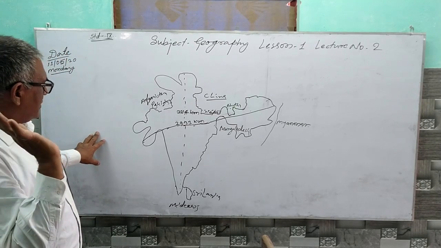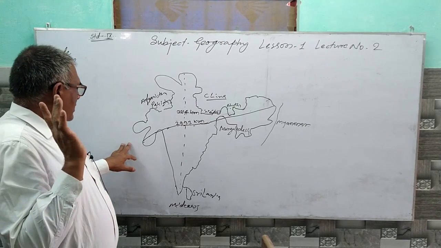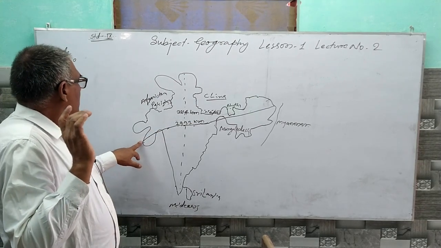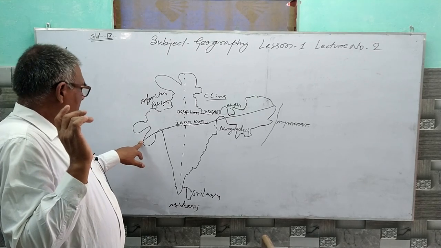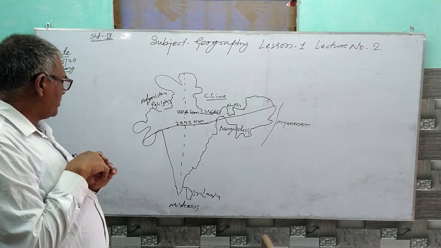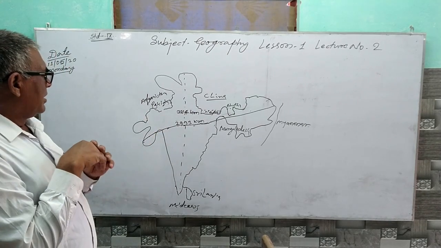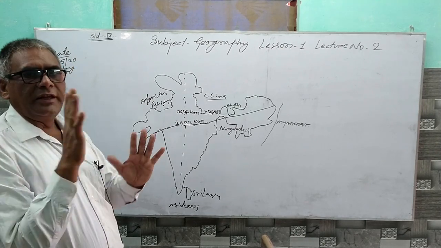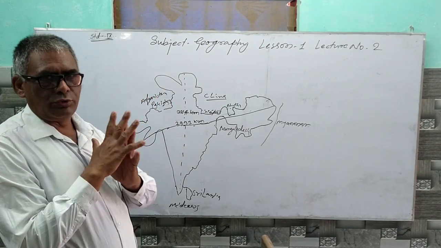You have also seen that India's width from Gujarat to Arunachal Pradesh is 2,933 kilometers, and in this width there are about 30 degrees of longitude.